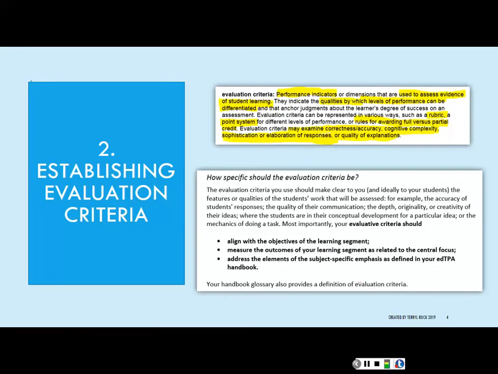Now, establishing the evaluation criteria. I found this definition for evaluation criteria. Where do you think I found it? In the glossary, which is where? In your handbook. Yes. So oftentimes, when I get questions, and I'm not saying don't ask me questions, but a lot of the time you all worry and stress over stuff that you could look up yourself.